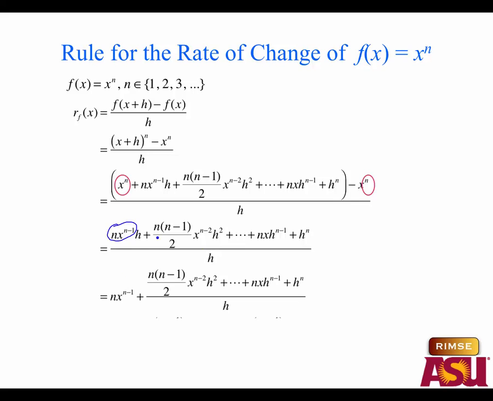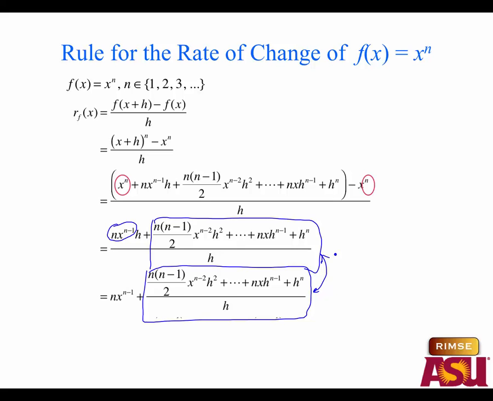And then the second through the rest of the terms is now this thing right here. Those are the same. And when you combine the h with that first term, you're left with n times x to the n minus 1.